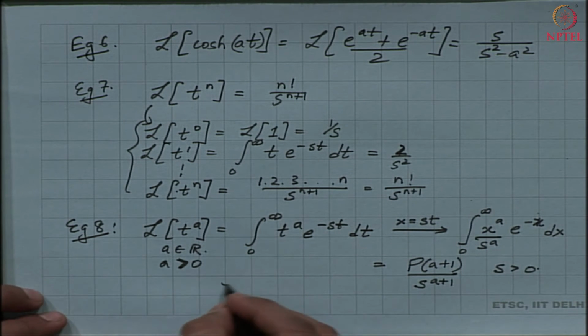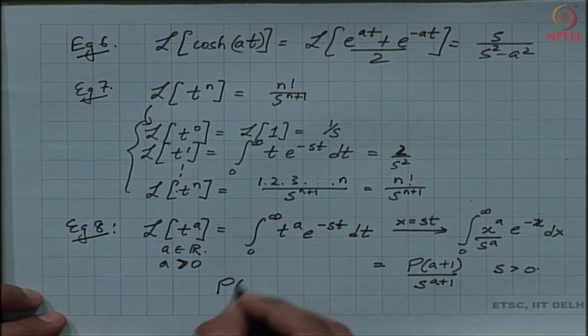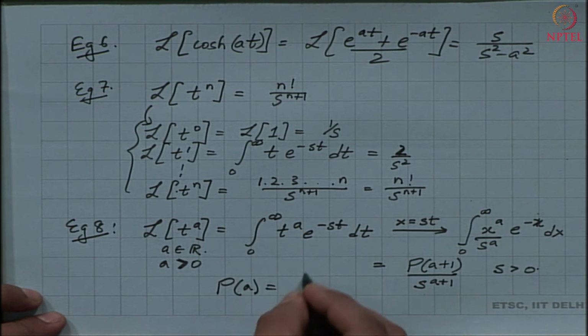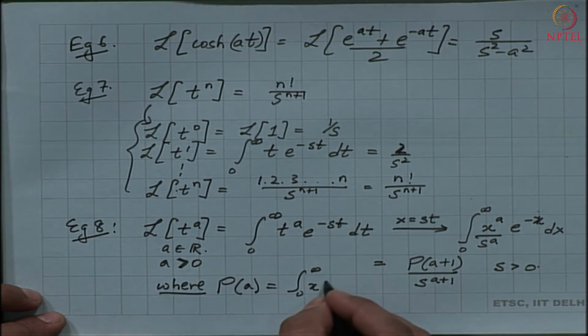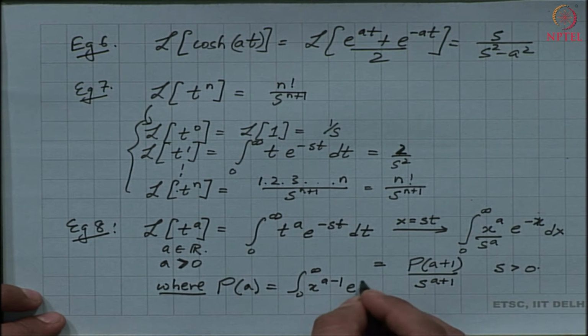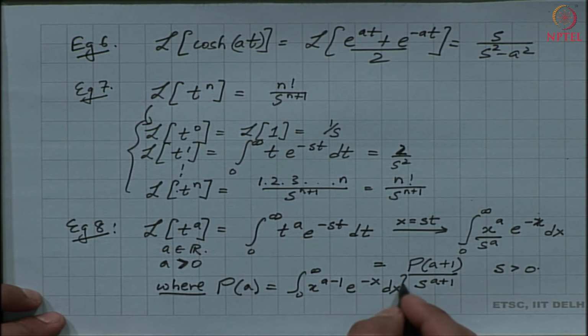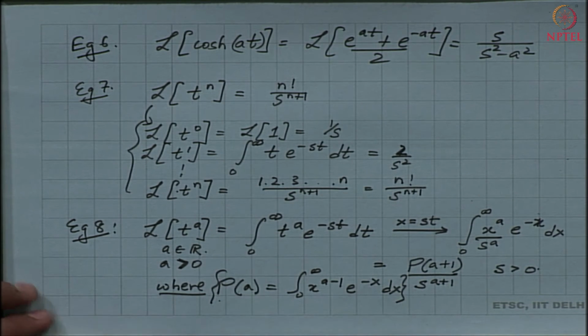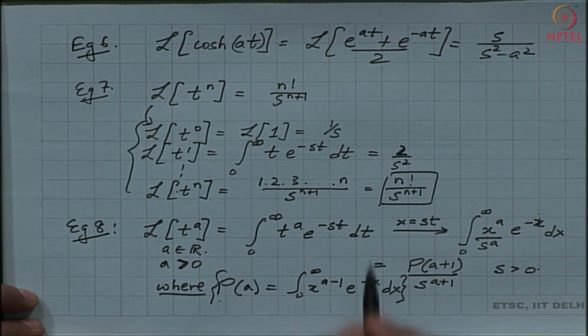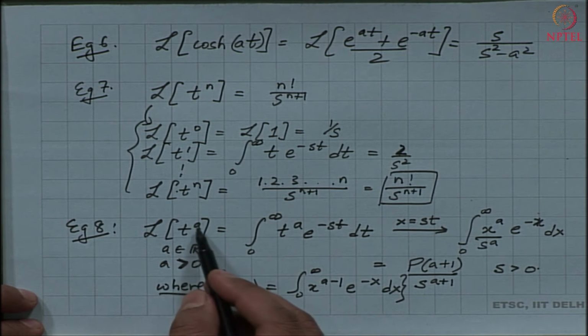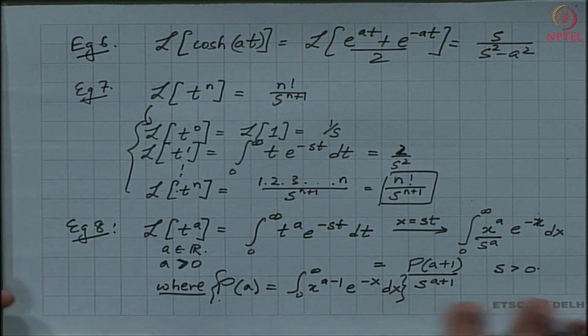Now, the gamma function of any number a is given by this integral, x to the power a minus 1 e to the power minus x dx. So, that is my gamma function. Notice that if a is an integer, then I get my previous expression for an integer value of a.